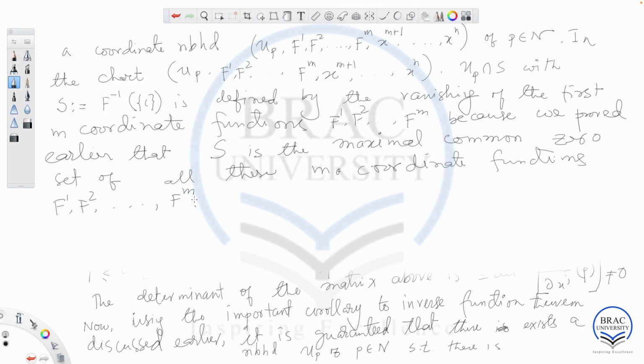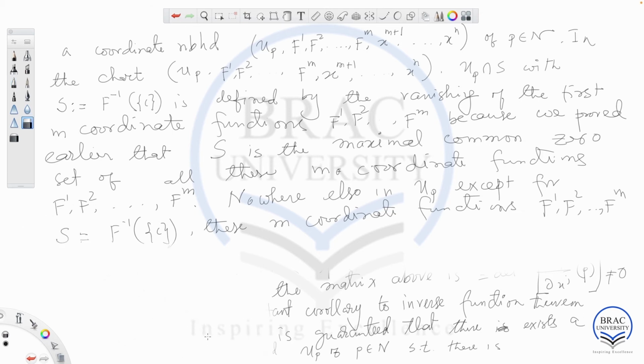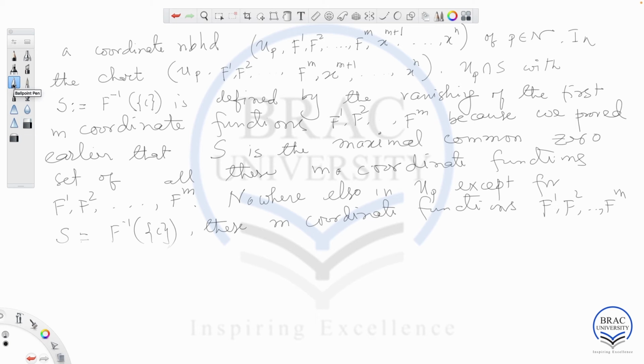Okay, so we have seen that nowhere else in U sub p except for this level set f inverse of c, these m coordinate functions f1, f2, all the way up to fm identically vanish.